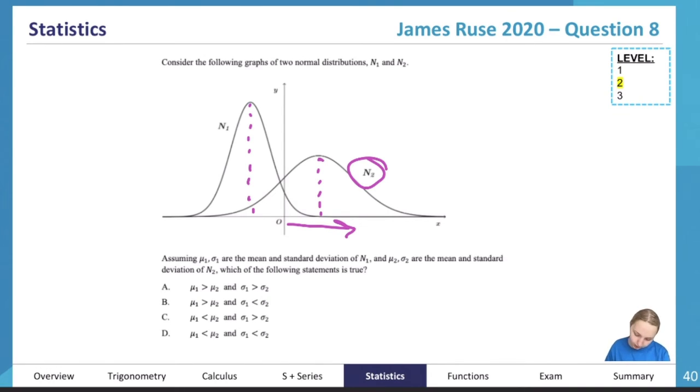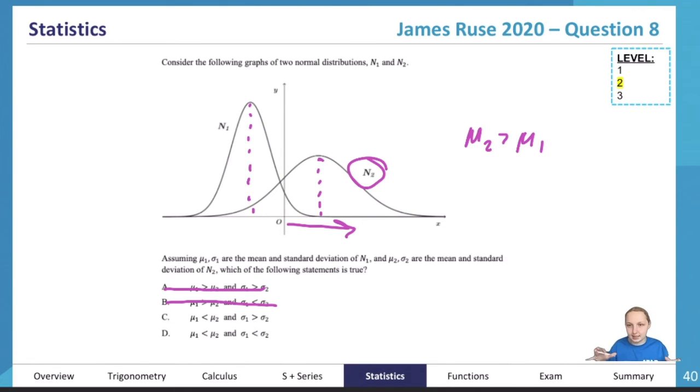So immediately we can cross out these two because we know that the mean 2 is going to be greater than the mean. Whoops, I've done this the wrong way around. The mean 2 is going to be greater than the mean of 1. Okay? Then you want to be thinking about the standard deviation. So graphically, your standard deviation is about how spread is your graph.